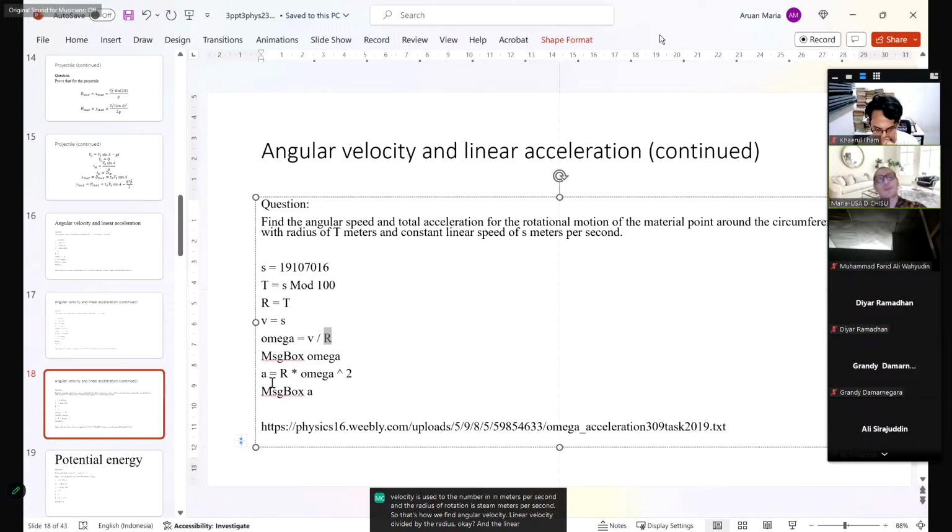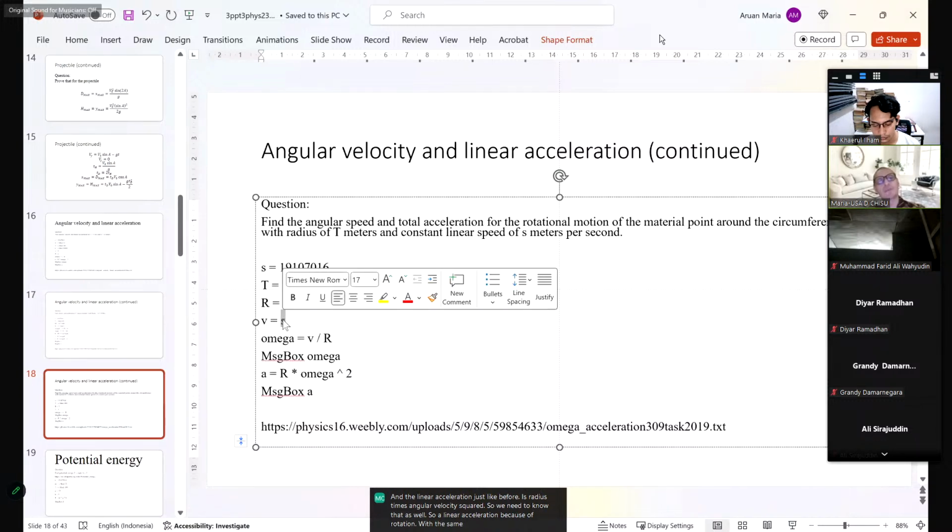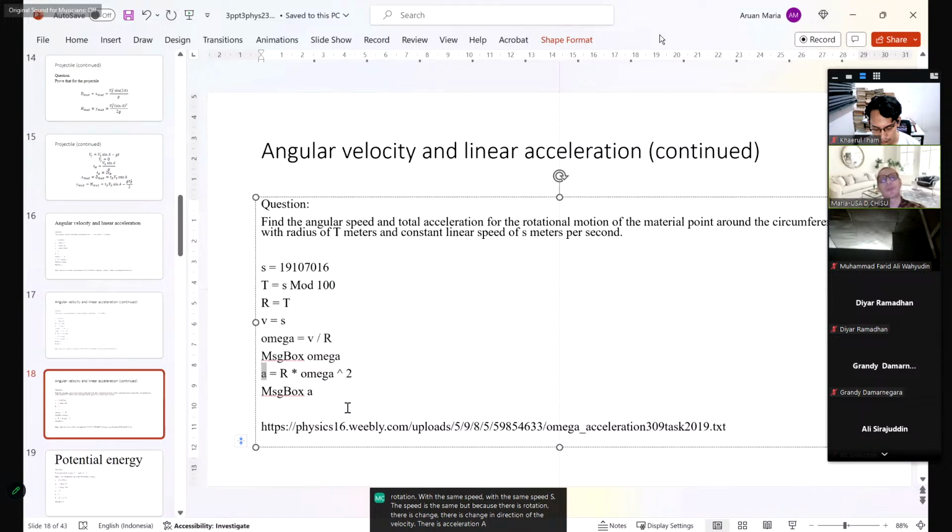So that's how we find angular velocity, linear velocity divided by the radius, okay? And linear acceleration, just like before, is radius times angular velocity squared. So we need to know that as well. With rotation at the same speed, the speed is the same, but because there is change in direction of the velocity, there is acceleration A. If you move with constant speed, but you change your direction, it means you change your velocity.